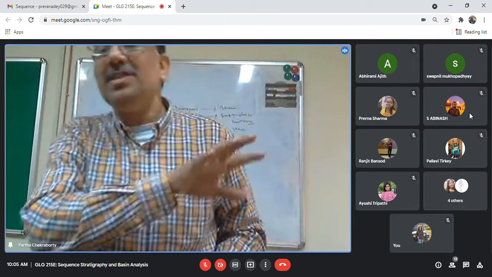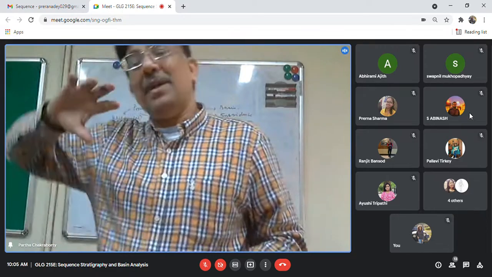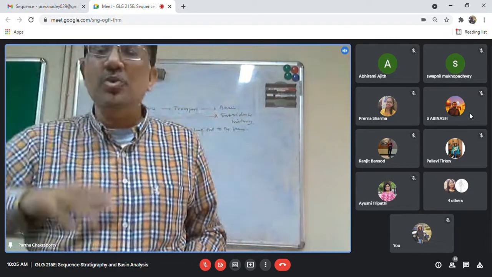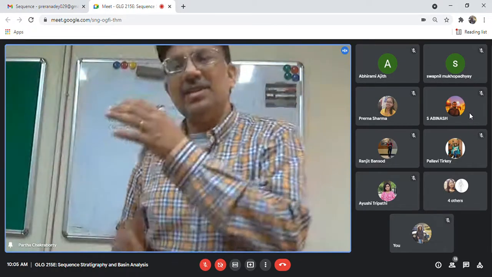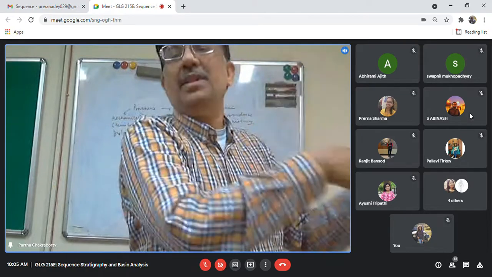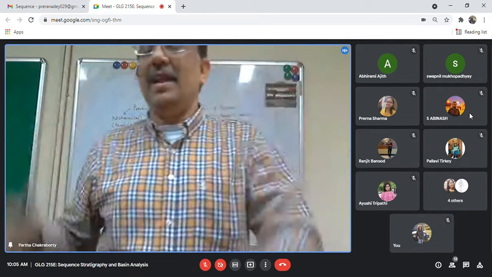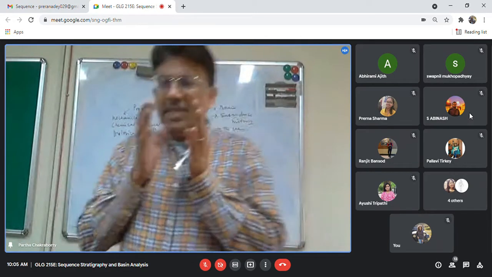Not only do these sediments themselves fill the basin, but they are also responsible for those sediments which are generated within the basin. Carbonate productivity is completely dependent upon the nutrients supplied by the weathering and erosion of the land surface.